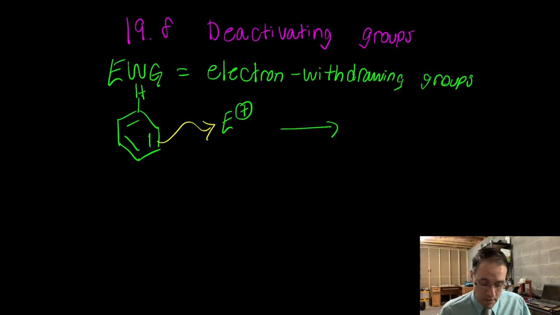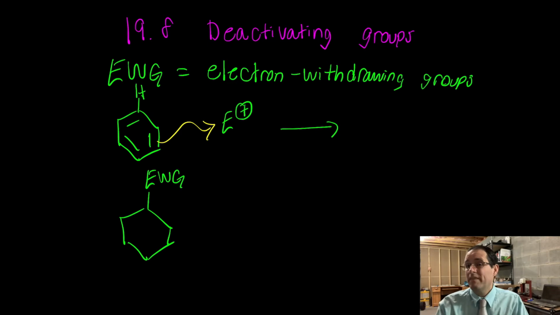Now, if you have an electron withdrawing group directly attached to the benzene ring, what that does is it decreases the pi electrons. So I'm going to draw these pi bonds as finely as I can.